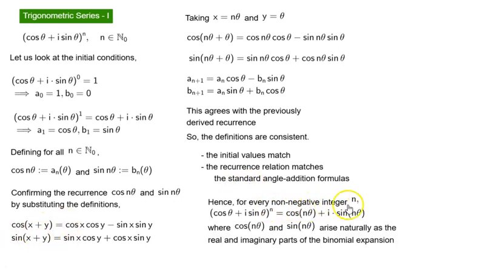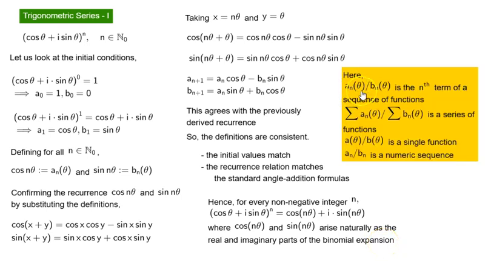For every non-negative integer n, (cos θ + i sin θ)^n is equal to cos nθ + i sin nθ, where cos nθ and sin nθ arise naturally as the real and imaginary parts of the binomial expansion.